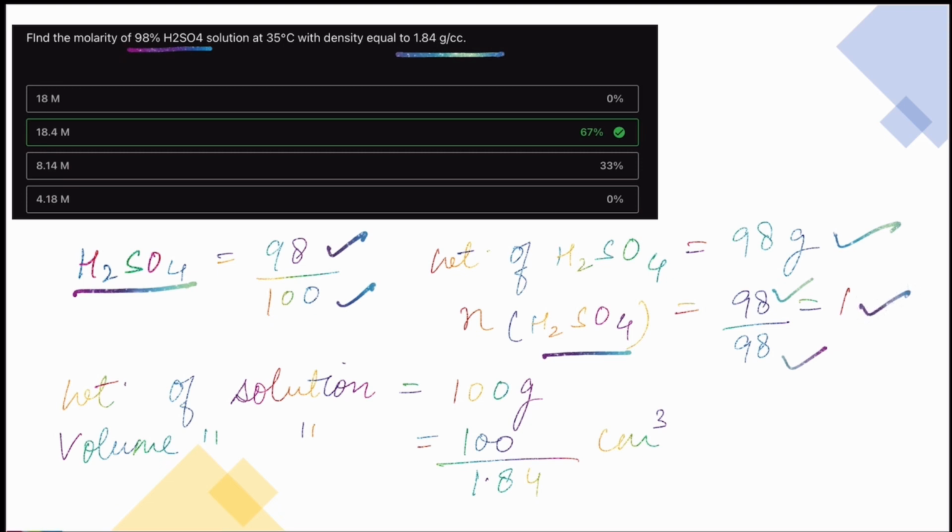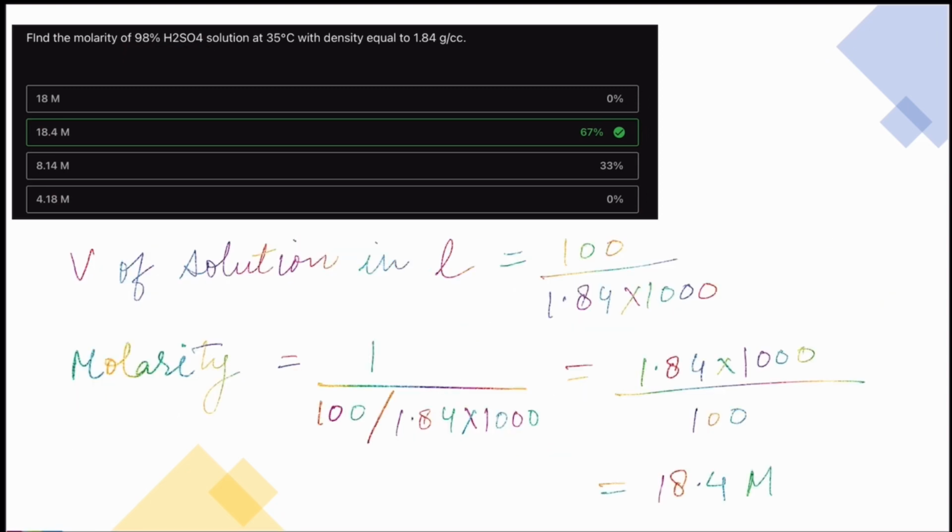Now weight of solution is 100 gram. So volume of solution will be equal to mass by density. So 100 divided by density will give the volume of solution, but this volume will be in centimeter cube. So volume of solution को convert कर देंगे liters में.